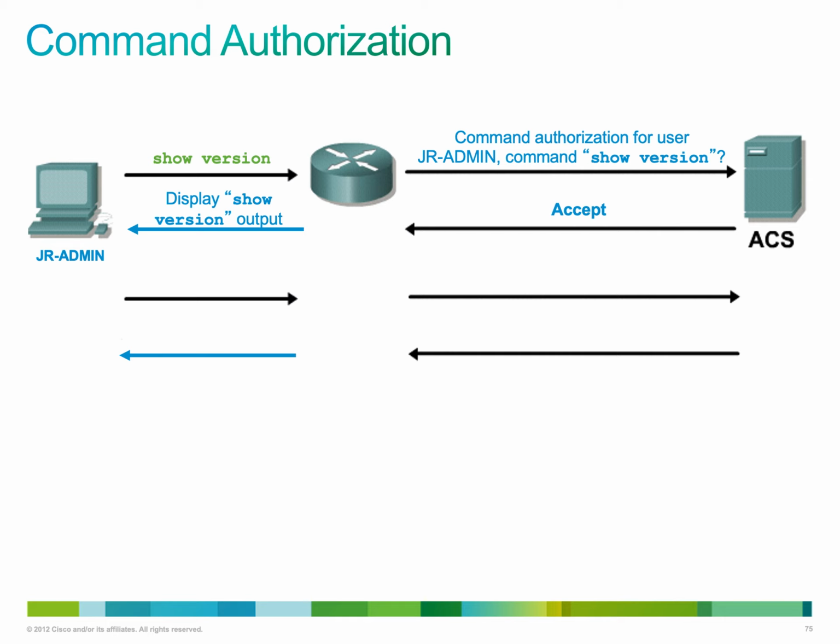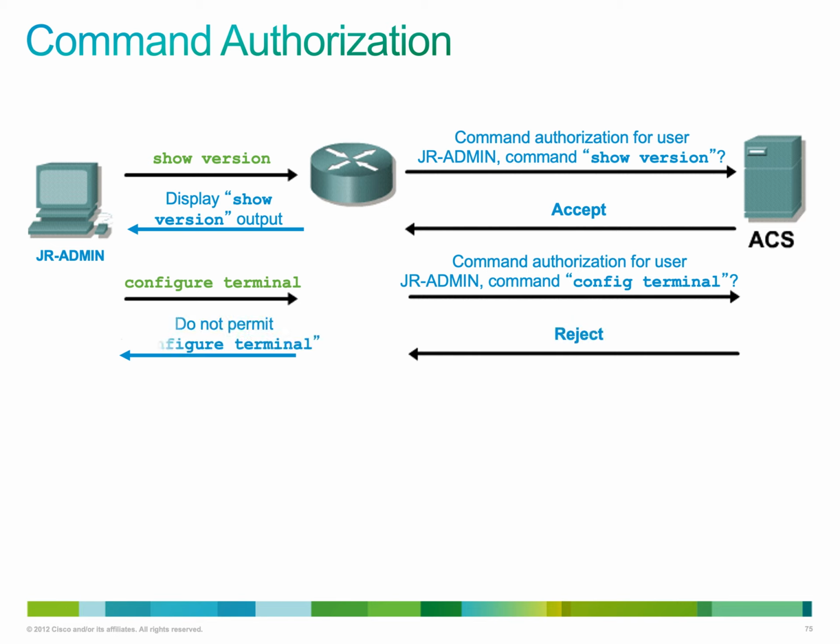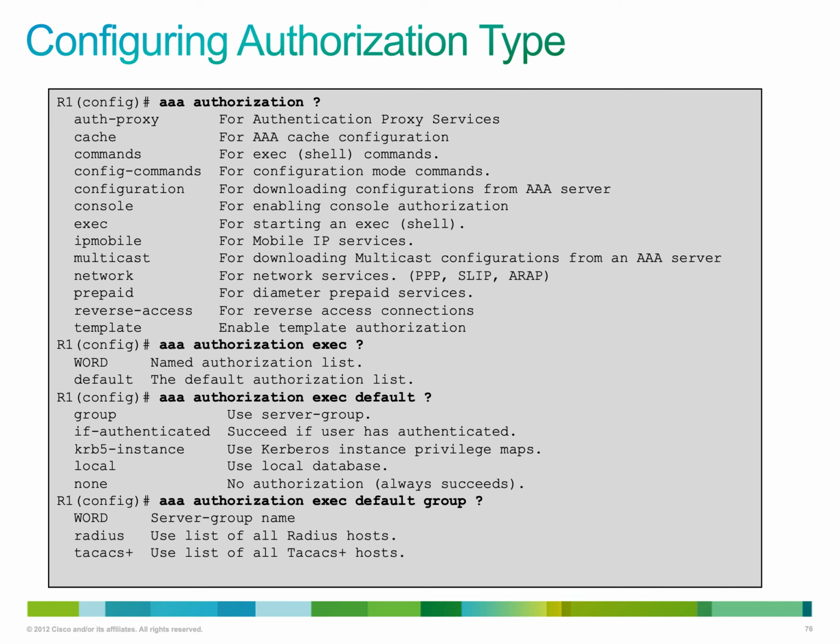Then the admin will configure the terminal. Once he finishes the configuration, the router will send everything to the server, and then the server will either reject or accept. But if you reject, do not permit. Okay, if you reject, do not permit. You don't have this. Okay, so that's it.